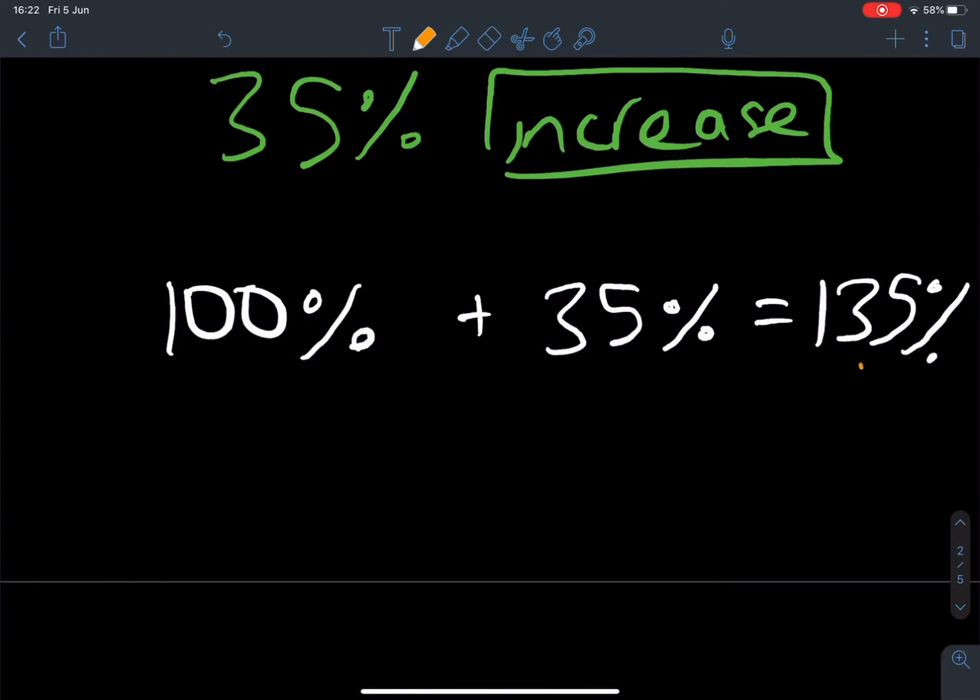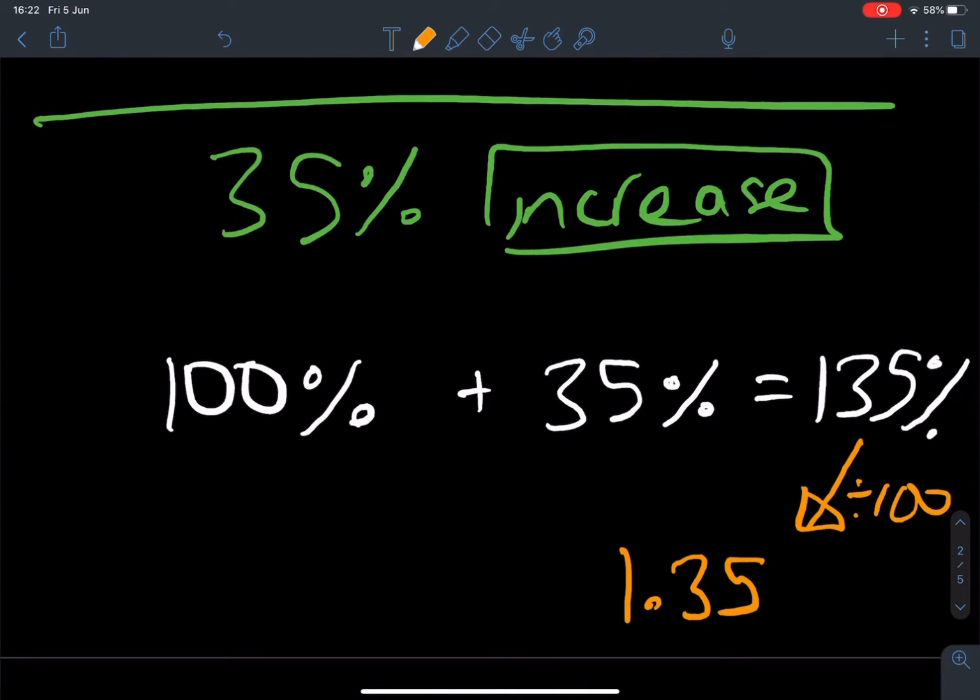How do I do that? I divide by 100, which is 1.35. And that gives me a multiplier of 1.35. What that means is if I multiply any number by 1.35, I automatically increase by 35%.